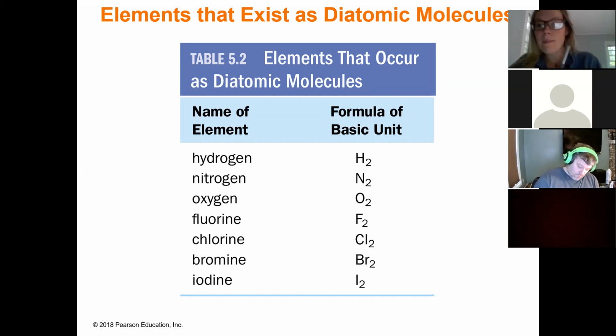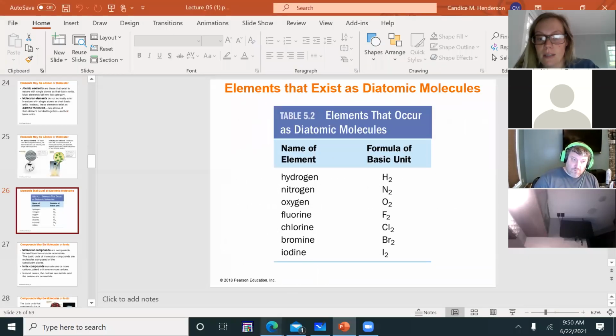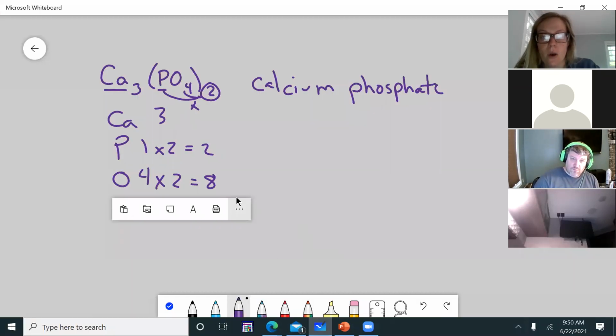Now, one thing that people get confused about with this is that they think, okay, so for instance, nitrogen. Well, if nitrogen is N2, that means that anytime it's bonded to something else, it also has to be N with a 2. That is not the case, okay? Or oxygen has to be O2. That's not the case.